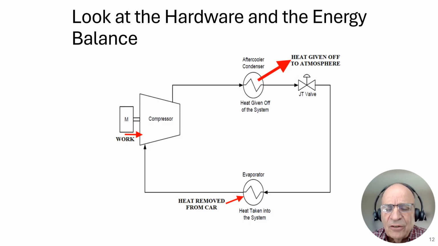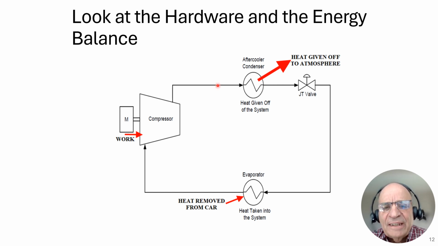So now we're looking at our hardware again. This is the compressor, which we just looked at how its work was shown on the pH diagram. This is the aftercooler, and again, we would look at the change in enthalpy of the aftercooler. For our analysis, this would be considered a constant pressure heat removal process.